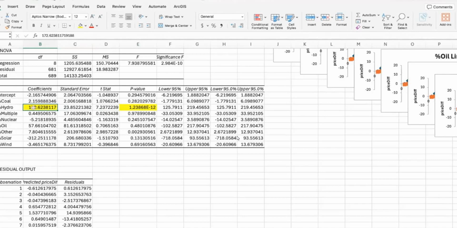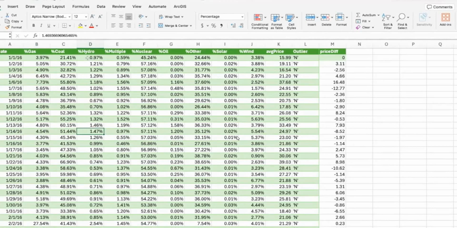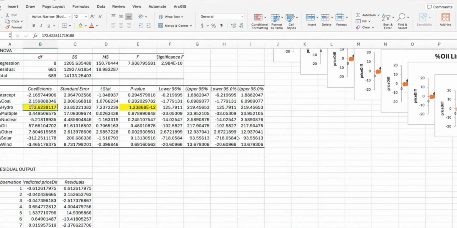That means a 1% change in the percentage of hydrogen output will result in a $172 price change. So that's a lot, right? But as we saw before, the percentage of hydrogen is most of the time around 1, or most of the time less than 1. So that can explain why we see such a big coefficient.